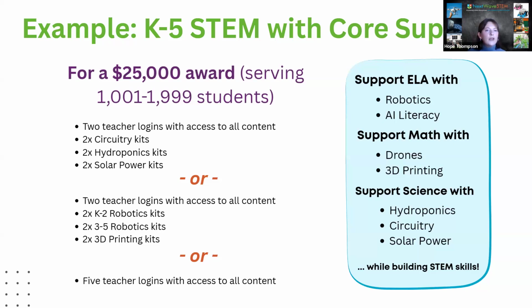So they're going to start with circuitry kits for each program, hydroponics kits for each program, and solar power kits. All 3 of those courses are courses that support core science standards, physical science for circuitry and solar power, a little bit of earth science on solar power as well. And then that hydroponics program is going to be aligned to the life science standards that students are working through.